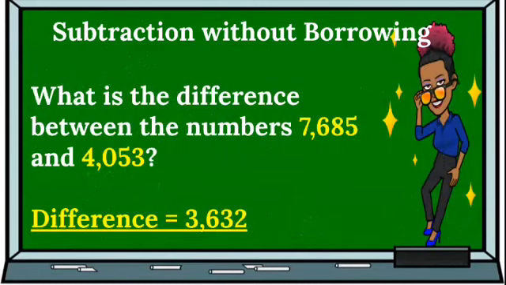So the difference between the numbers 7,685 and 4,053 is 3,632. So this was subtraction without borrowing.